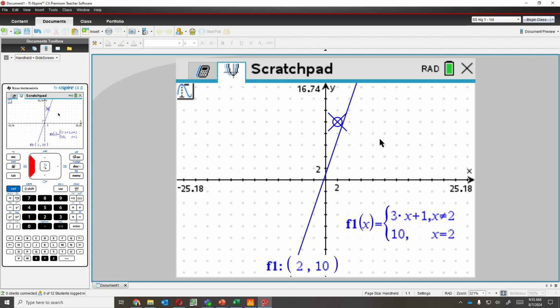Because this is a piecewise function, it says that it does not exist at 2. So if I'm tracing this line, it goes as close as it can, and it will be 7. It goes to 7 from the left-hand side, and from the right-hand side, it's also going to 7.